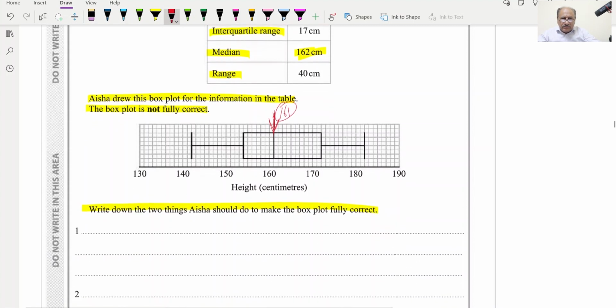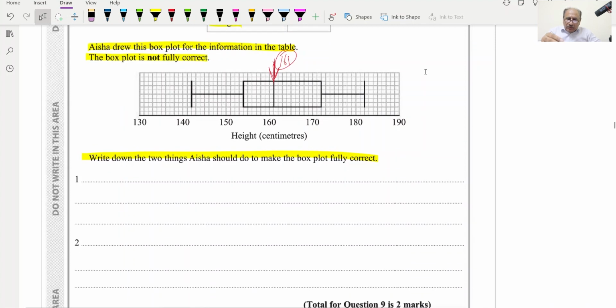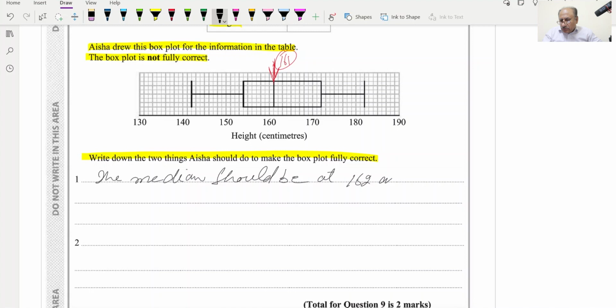So we will say that the median should be at 162 and not at 161. This will be our first point.